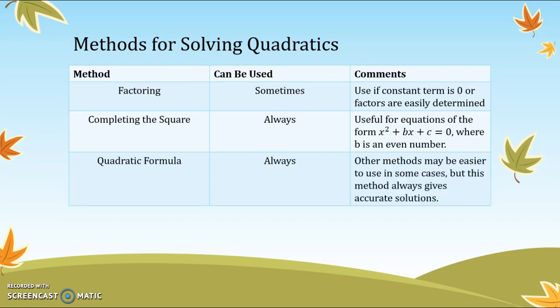Another good method that we're going to talk about today is the quadratic formula. And the quadratic formula always works. It's a little bit time consuming, but it works every single time, and it gives us the most accurate solutions and a lot less room for error.